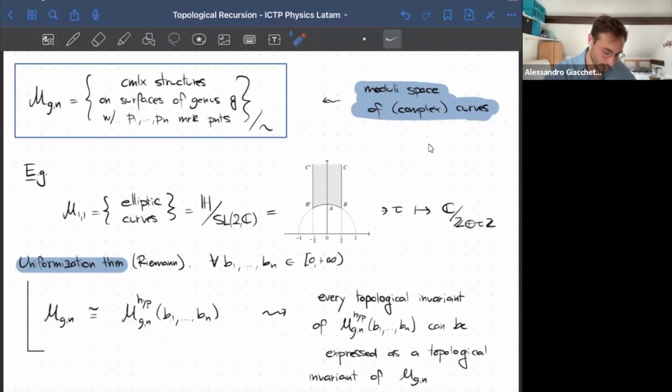This is something known as the uniformization theorem. It's a very deep theorem, but the upshot is that every topological invariant associated to the moduli space of hyperbolic metrics can be expressed as a topological invariant on the moduli space parameterizing complex structures.